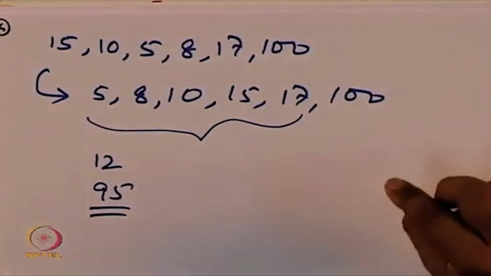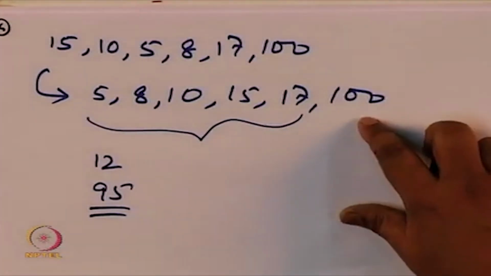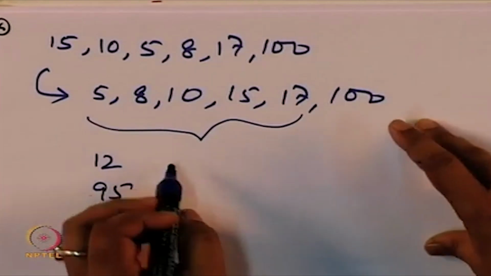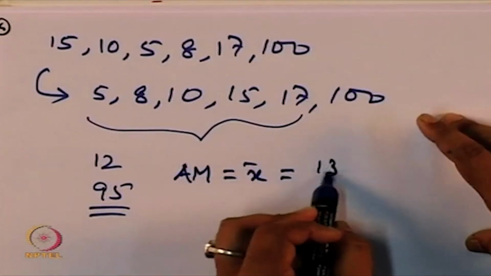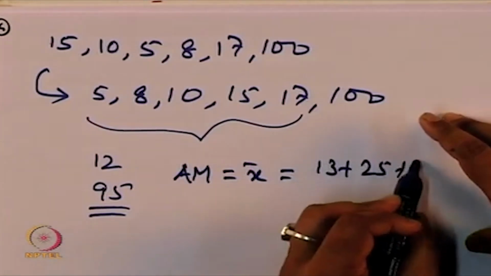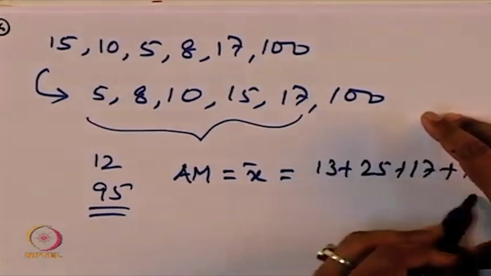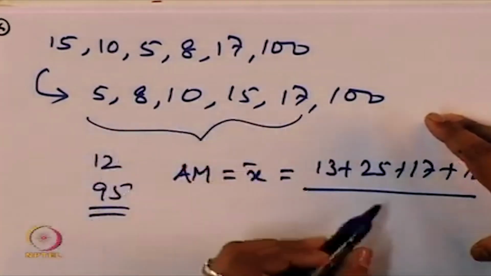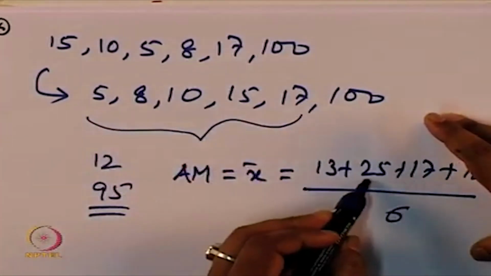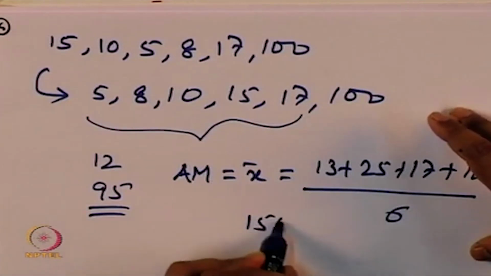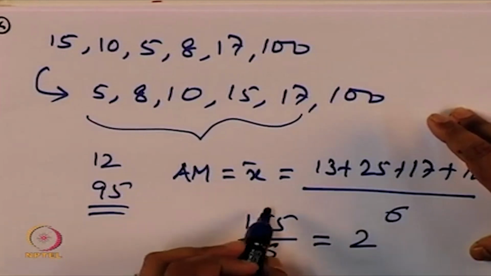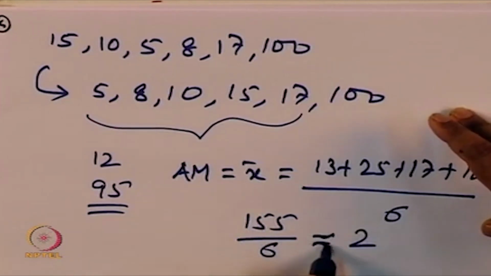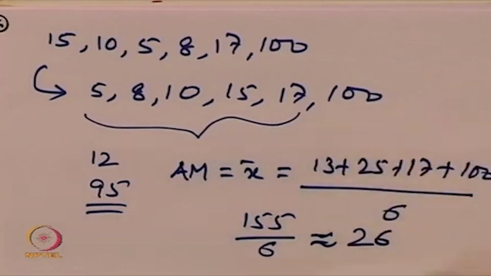Now, if I account for 100 in calculating the average, what number do I get? So, my arithmetic mean x bar becomes 15 plus 10 plus 5 plus 8 plus 17 plus 100, so you have 6 numbers, right. So, 155 by 6 is roughly close to 26, okay.